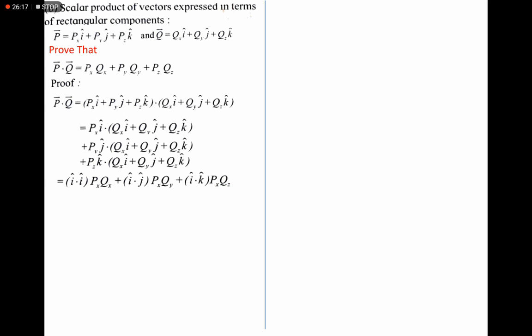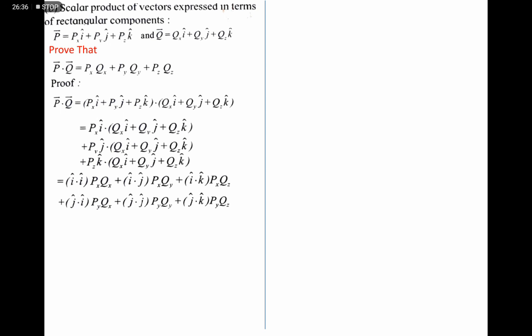The first term of the first bracket is multiplied to the second bracket. This multiplication is over here along with the unit vectors. Then the second term of the first bracket multiplies to the second bracket.